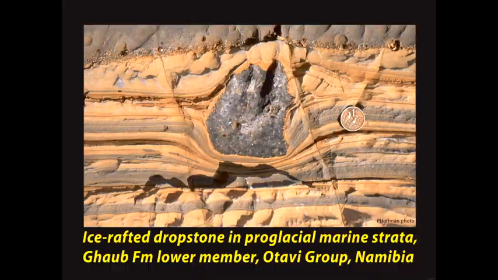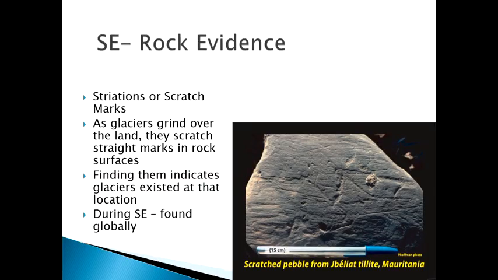If we look at the drop stones themselves, pull them out, clean them off, we see that they are covered by scratch marks or striations. And these scratch marks occur at the bottom of glaciers as they're grinding over the land. So the glacier is moving, this giant mass of ice is moving on the land.